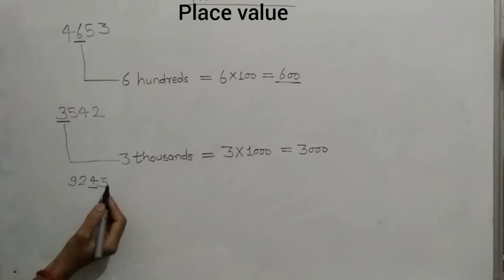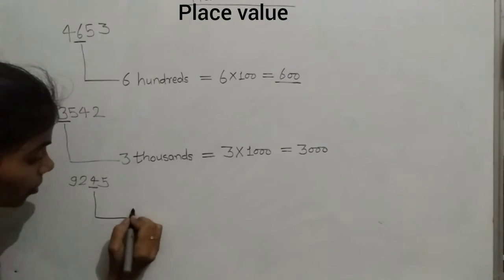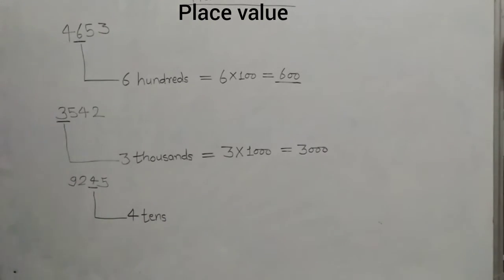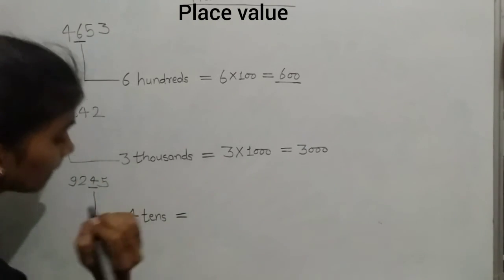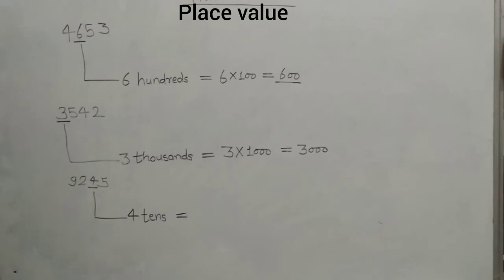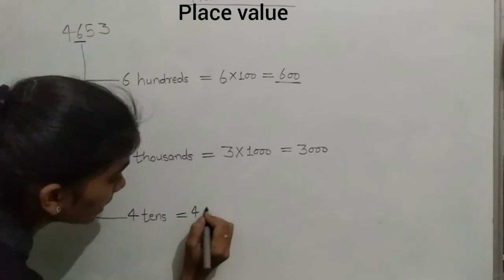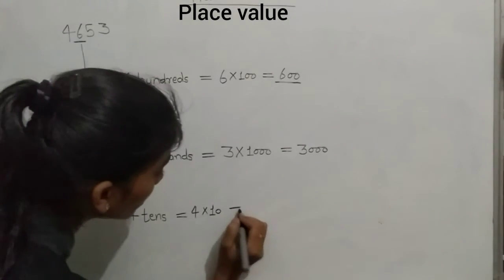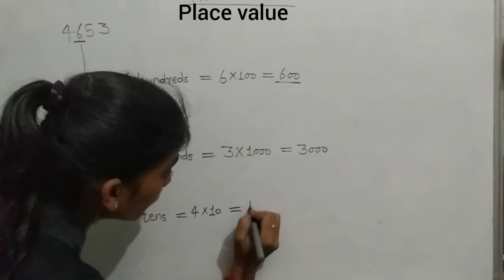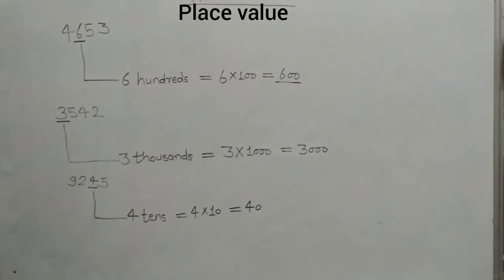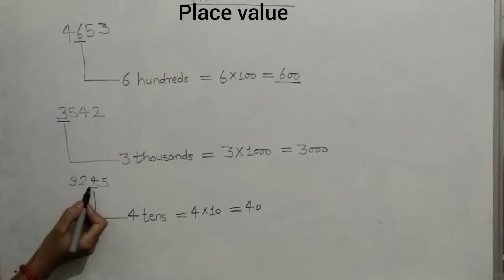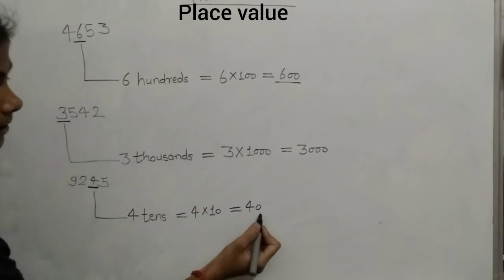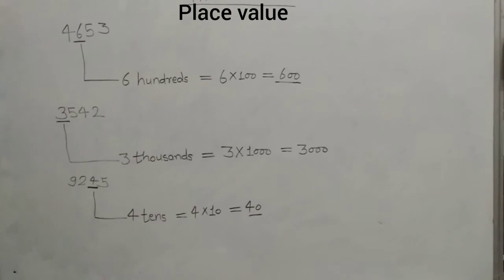Ones, tens. So we will write 4 tens. It can be written as 4 multiplied by 10 and this is equal to 40. Means the place value of the underlined digit, that is 4, is equal to 40. Okay, this is done.